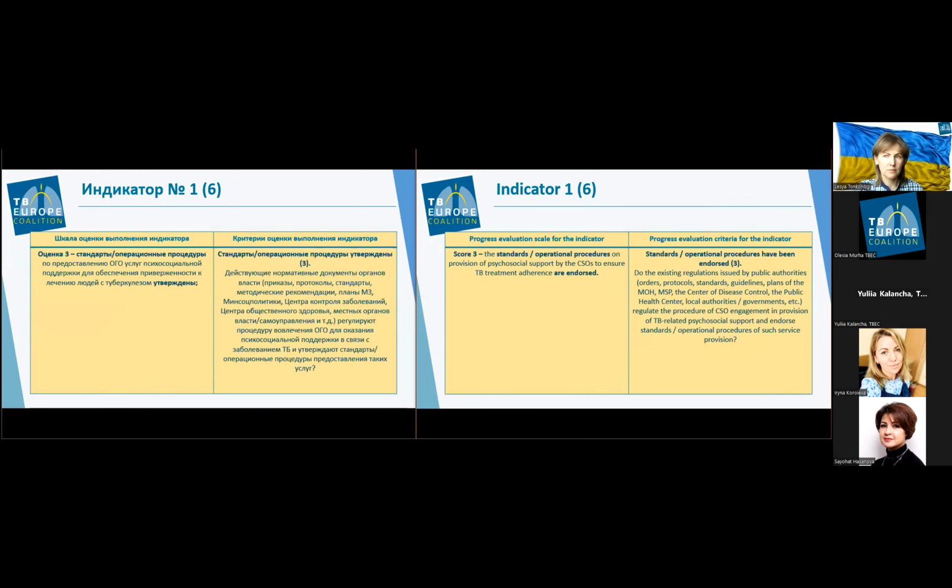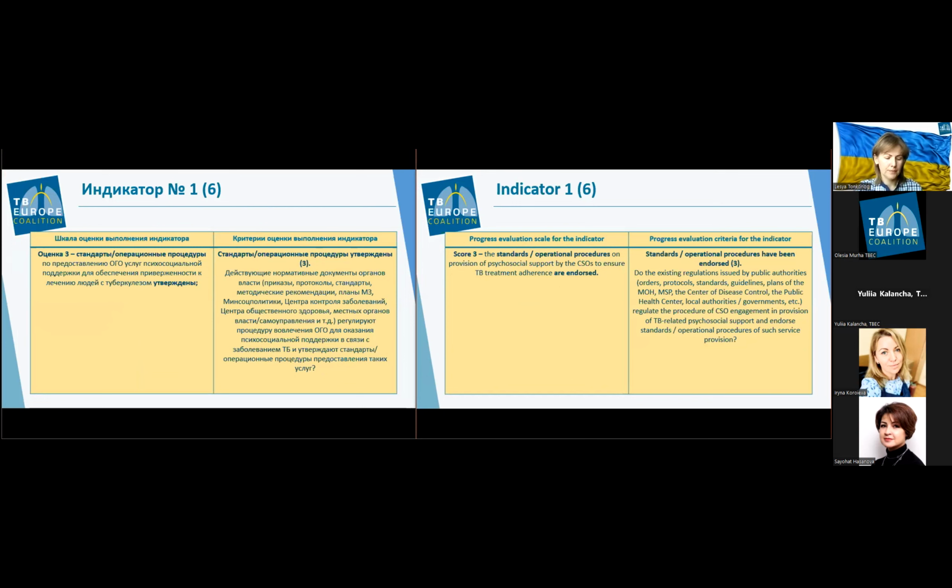Score 3. The standard operational procedures have been endorsed. We are sure that each country will have documents in place and that as of now can be scored at 3.